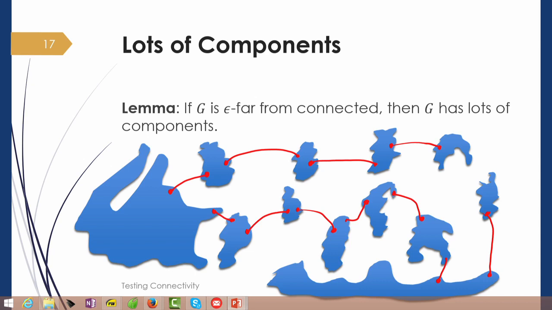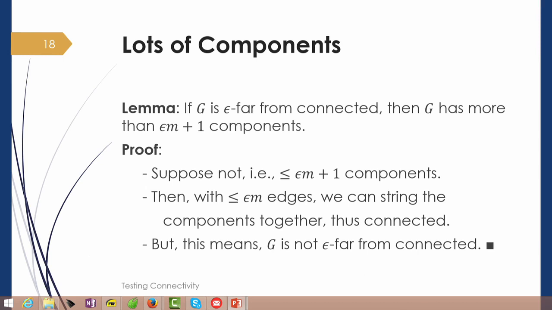So let's be a little bit more formal now. If the graph G is epsilon far from connected, then G has more than epsilon m plus 1 connected components. And the proof is as follows. Suppose not. That is, if the number of connected components is at most epsilon m plus 1, then at most epsilon m edges suffice to string the components together and therefore get them to be connected.